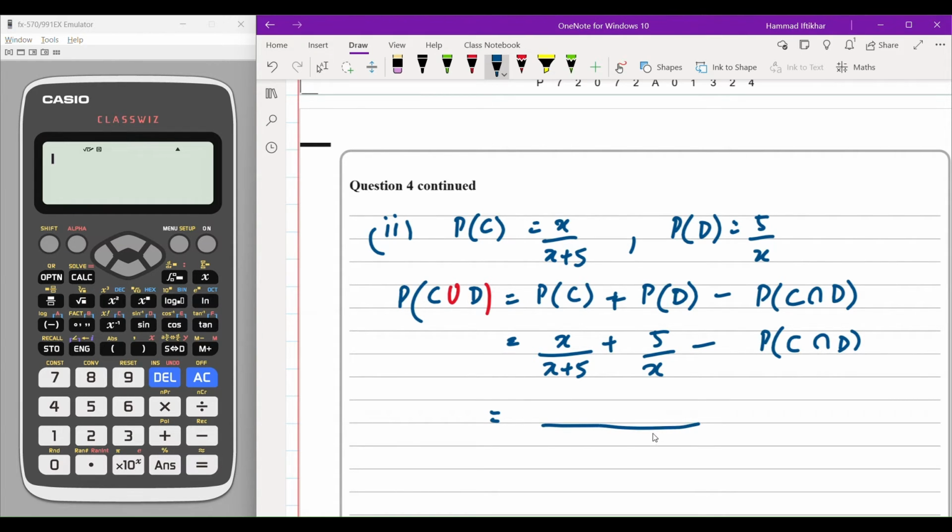So this comes out to be x times x plus 5, x squared plus 5x plus 25.